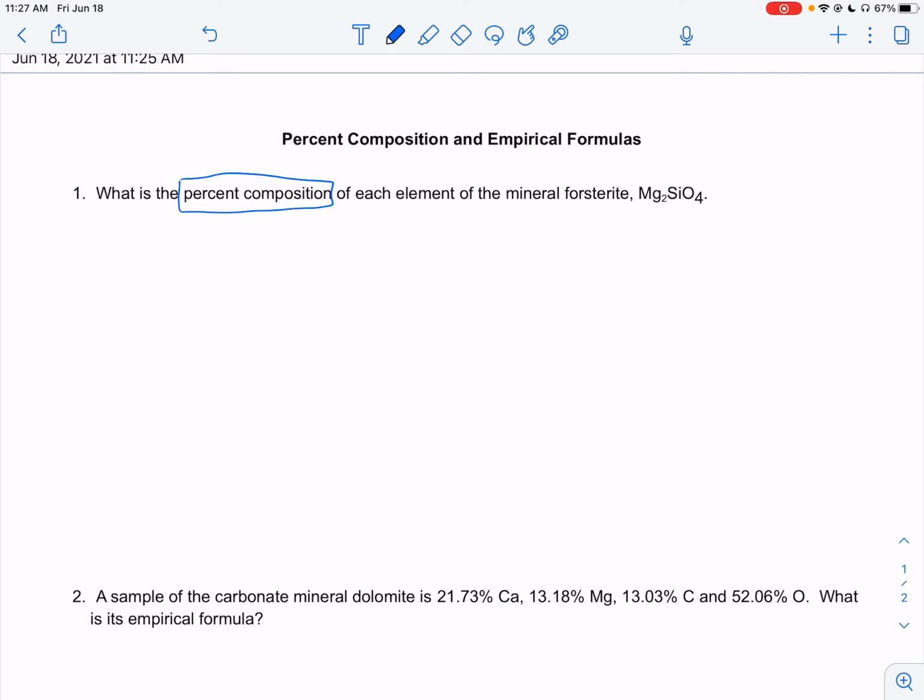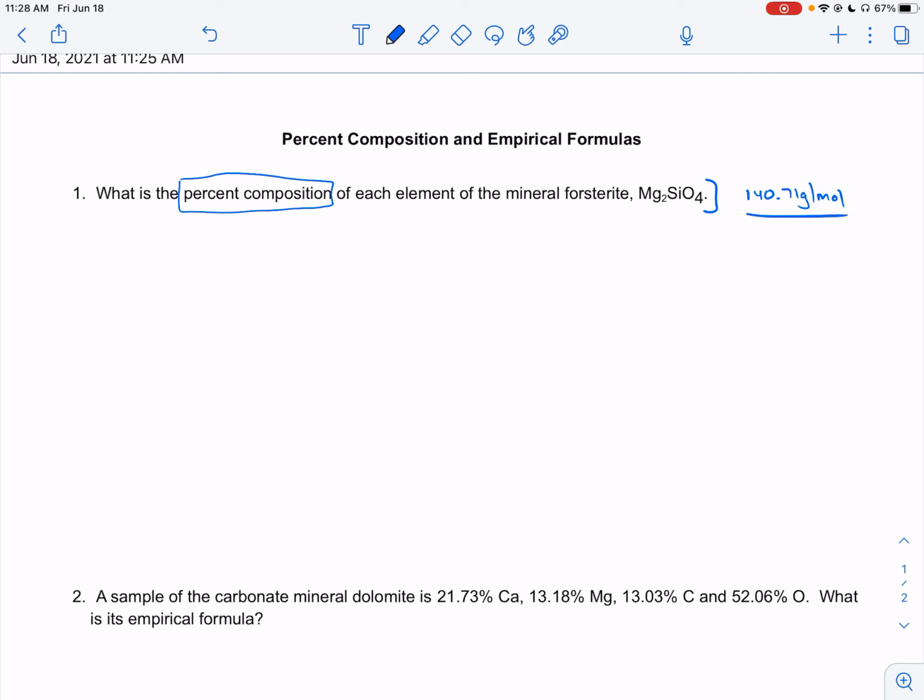One of the first things we're going to need to do is find the molar mass of our molecule. And so we can do this by adding up the molar masses of all the atoms. So you can do this on your own, but confirm that you should get 140.71 grams per mole.